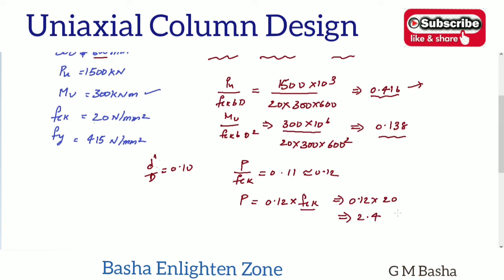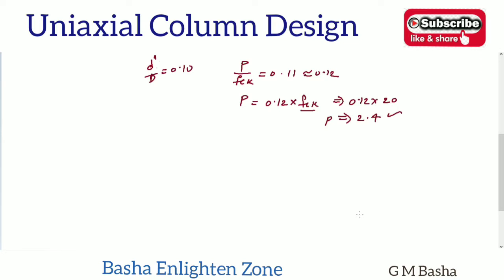So your percentage of reinforcement, that is P value, will be equal to 2.4. If you take 0.11, how much will you get? 0.11 into 20, maybe you will get 2.2, somewhat lesser percentage. No problem. I am providing a higher percentage only.